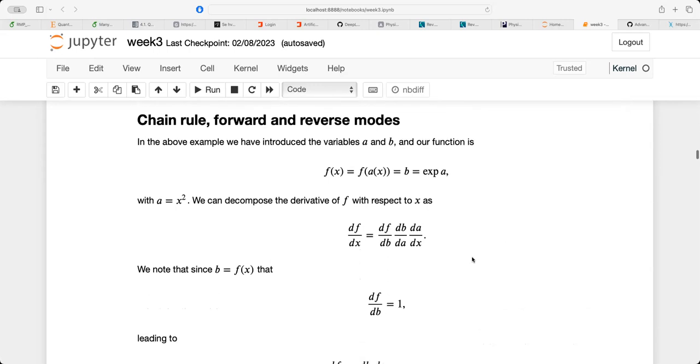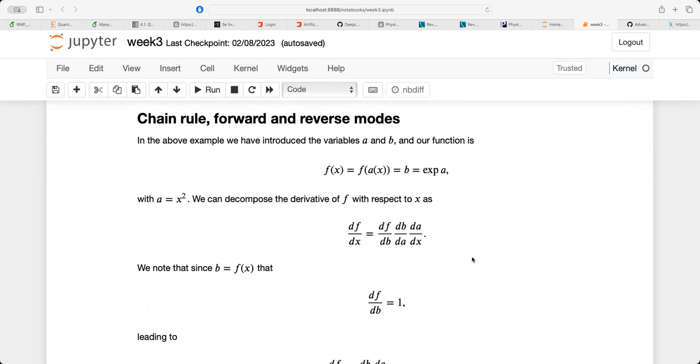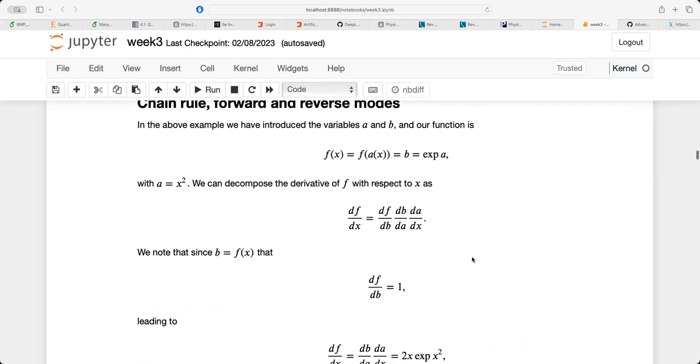If you now look at what we had, and we go back to the derivatives, this is the expression. We know that the derivative with respect to x, when we use the chain rule, is simply this expression which you see here, right? So we have the function b, which is the exponential of a, and then we have dfb, which is 1.